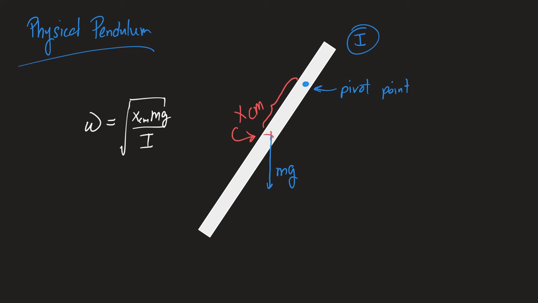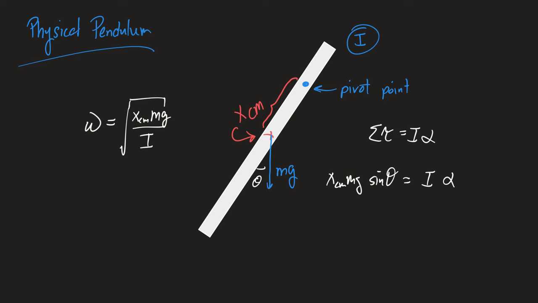Now my goal had actually been for you to say, okay, net torque equals I alpha, and net torque is X, center of mass, mg, equals I alpha. Sorry, X, center of mass, mg, sine theta. I forgot to put the theta in there.